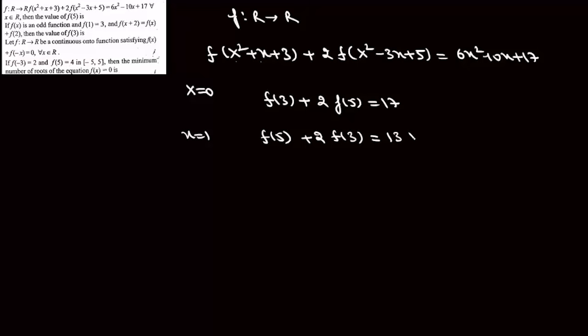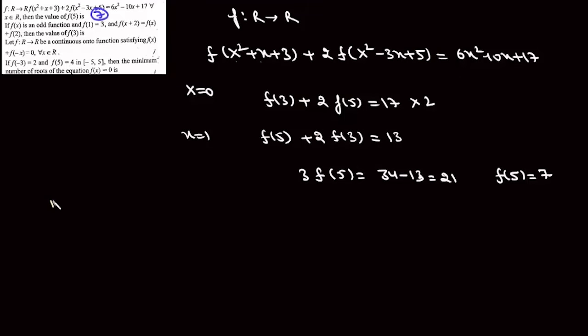From here we can find the value of f(5). So we'll multiply the first one with 2 and subtract the second from it. So we'll get 3f(5) equals 34 minus 13, which is 21. So value of f(5) is simply 7. So answer to this first question is 7.